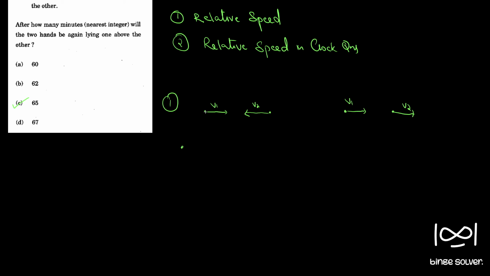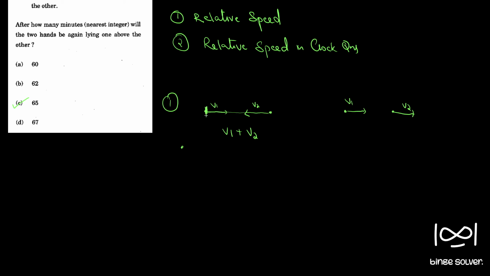In relative speed, what we do is we consider one person stationary, and we say the other person is moving at a relative speed to him. So the relative speed at which this person moves towards him is v1 plus v2. If we consider this person as stationary, then from the perspective of this person, the other moves towards him at a relative speed of v1 plus v2, since they were moving towards each other.